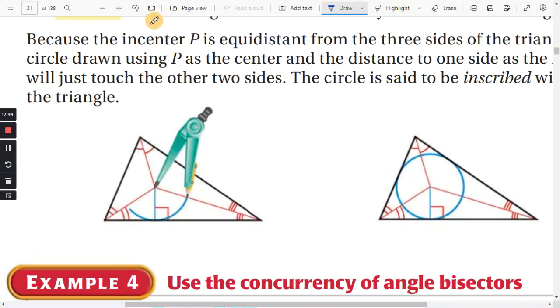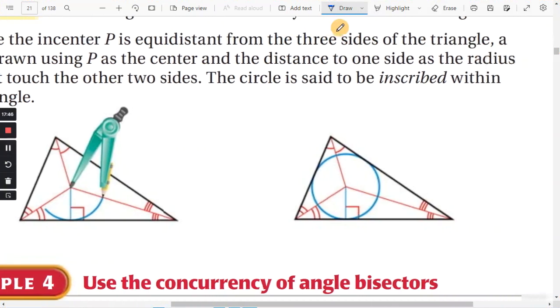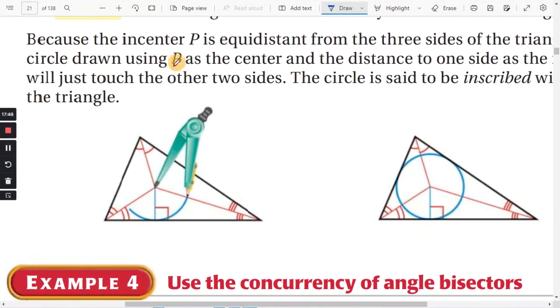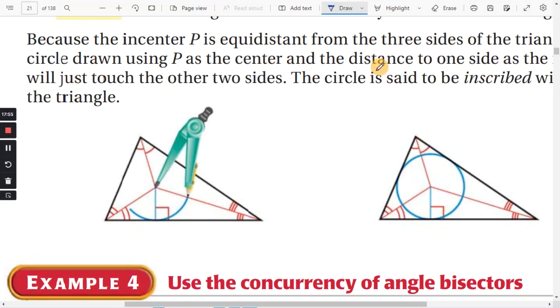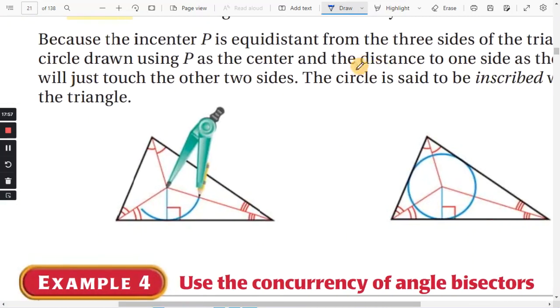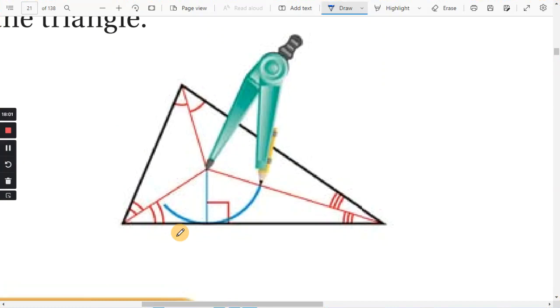All right, because the incenter P is equidistant from the three sides, a circle drawn using P as the center and the distance to one side as the radius will just touch the two other sides. The circle is said to be inscribed. All right, let's take a look. So here they're using a compass. So this point is where all the angle bisectors meet.